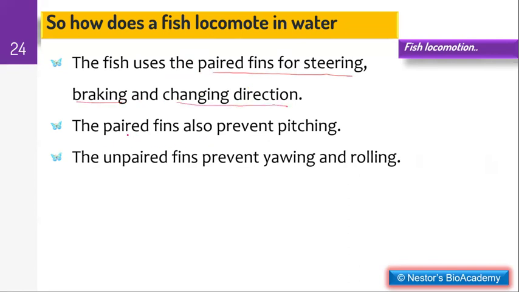The paired fins are also used to prevent pitching, while the unpaired fins, as we've said, always play a critical role in preventing yawing and rolling, ensuring that the fish is able to maintain its trajectory in water.